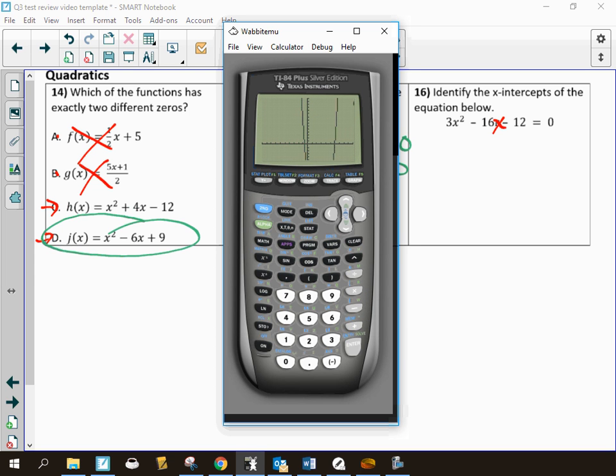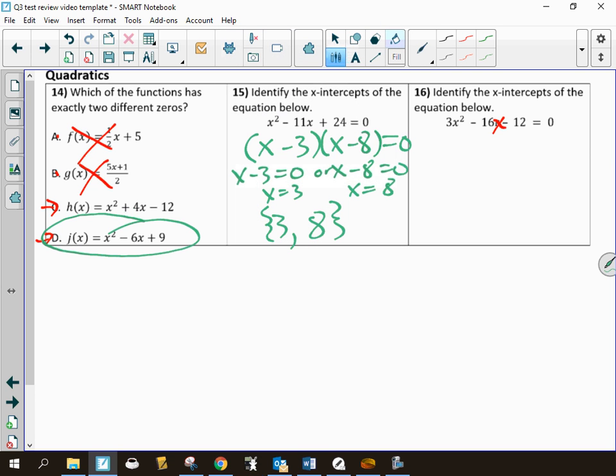And yeah, unfortunately, the graph here, if you notice, is between 0 and -1 and 0. So we're going to have to do this by factoring. So a times c is -36. So what I need are two numbers that multiply together to give me -36 that add up to -16.